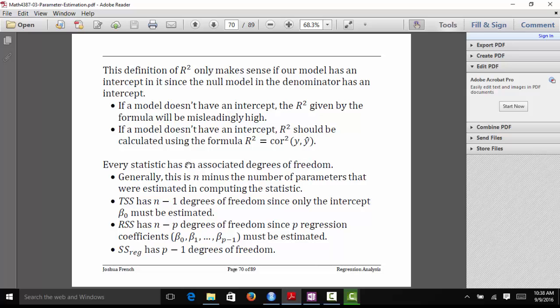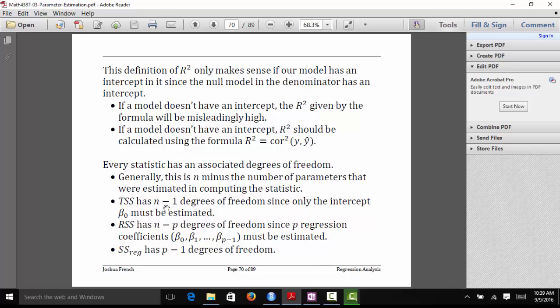Now one of the things that's going to come into play fairly soon is that we need to talk about the degrees of freedom. Every statistic, something that you compute from data, has degrees of freedom. Generally, this is the number of observations in your data set, which we denote by n, minus the number of parameters that had to be estimated along the way in order to compute the statistic.